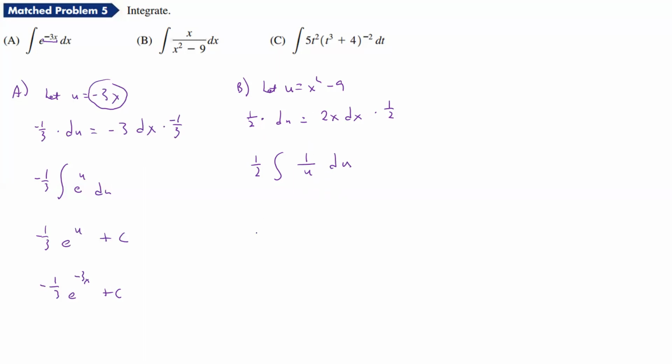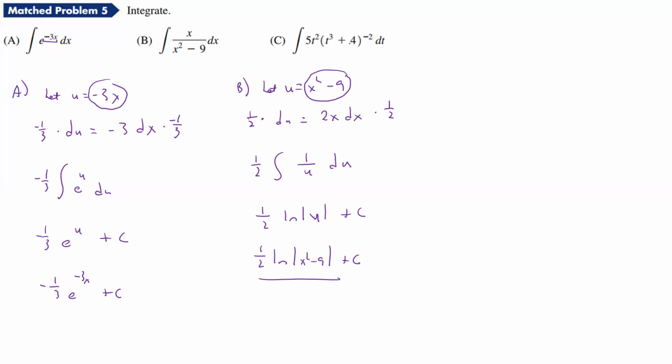Well, 1 over u is what? That's going to be 1/2 ln absolute value of u plus c. Now I've got my u here, so I substitute it back. And so I have 1/2 ln of x squared minus 9 plus c. And that gives me my final answer for the integration here.